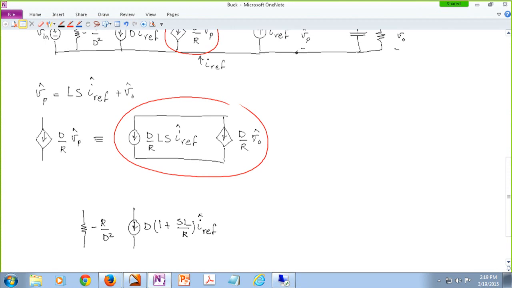And remember, since S is the Laplace variable appearing in our model, that means everything is in the frequency domain. So this is the Laplace transformation of the perturbations in the reference current.